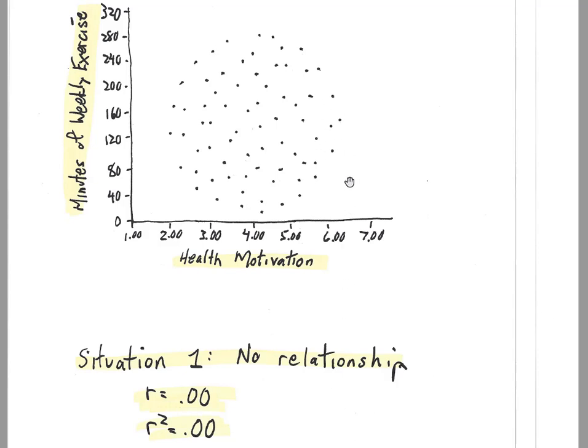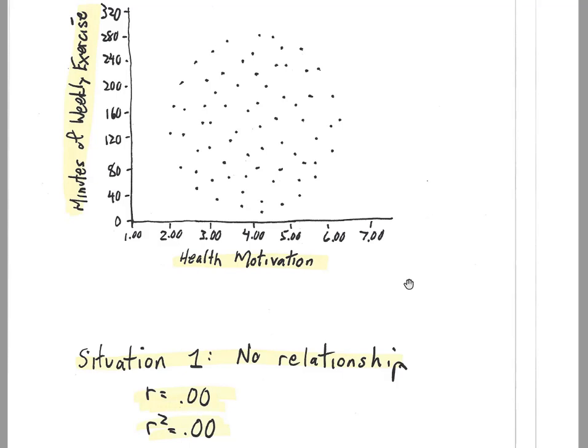Knowing somebody scores high on health motivation does not allow me to predict where they stand on minutes of exercise with any kind of accuracy. Knowing where they stand on low health motivation does not allow me to predict where they stand on minutes of exercise with any accuracy. Round scattergram means correlation between the two variables is 0, means coefficient of determination is 0. Health motivation does not account for any of the variance in minutes of weekly exercise.